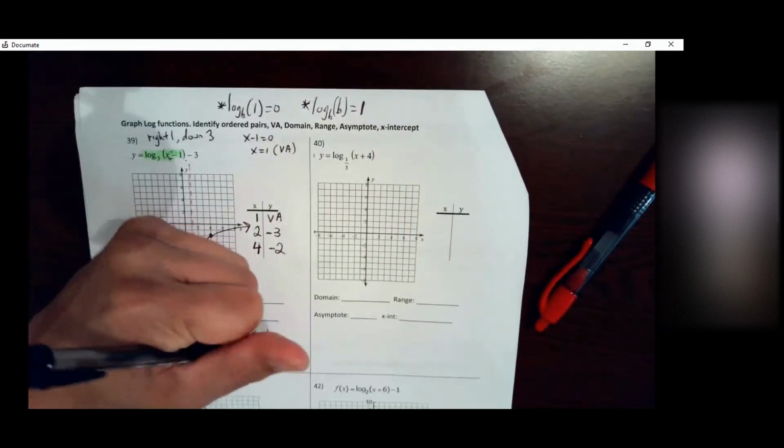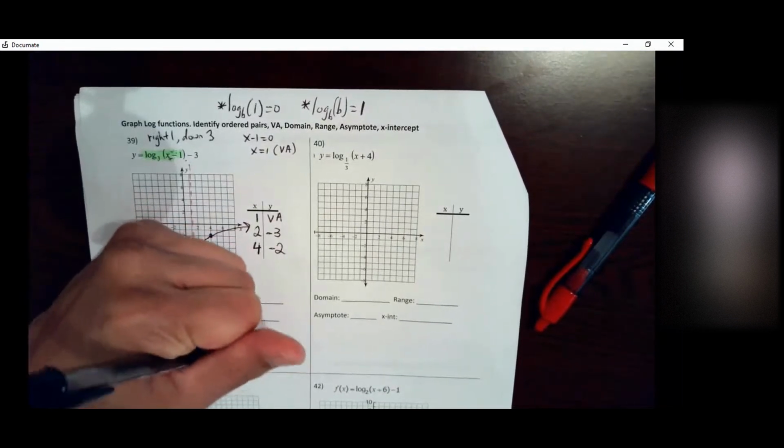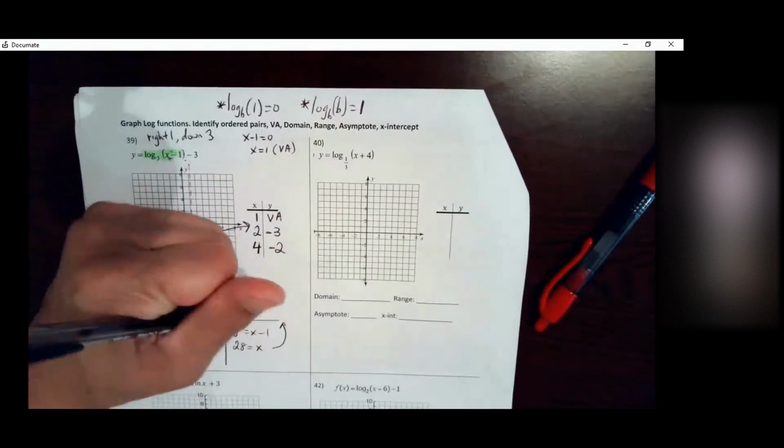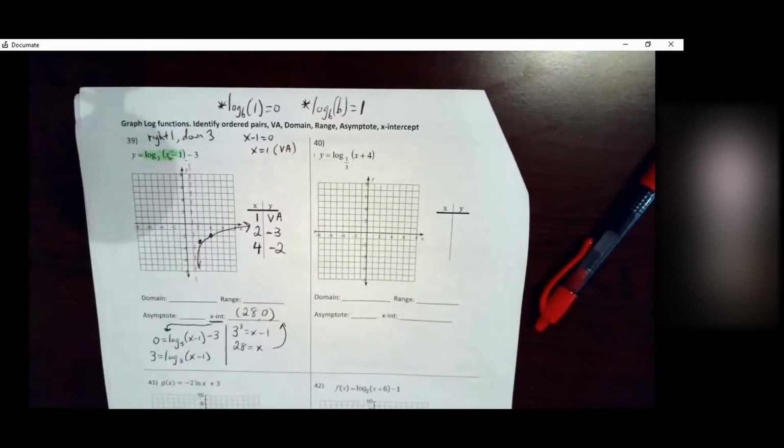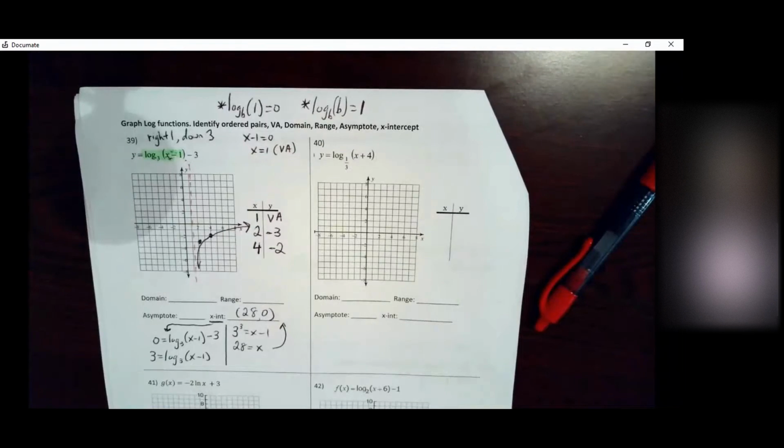So 28, 0 is our x-intercept. Okay. Next one.